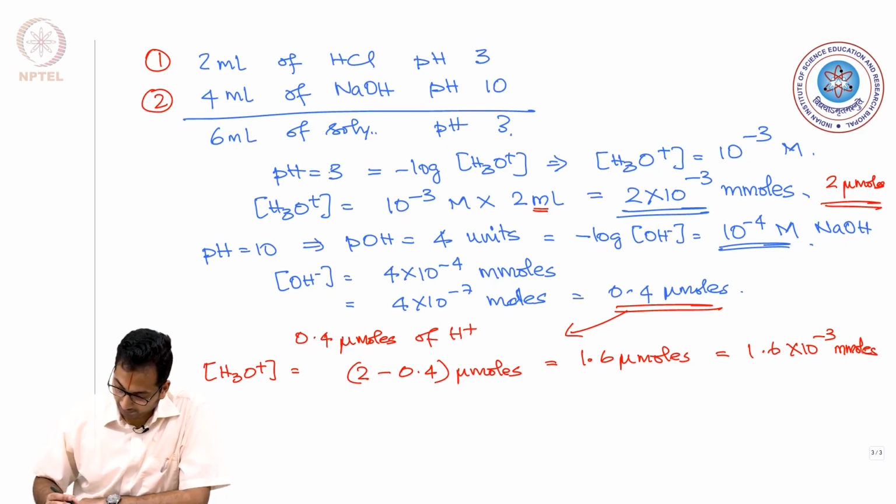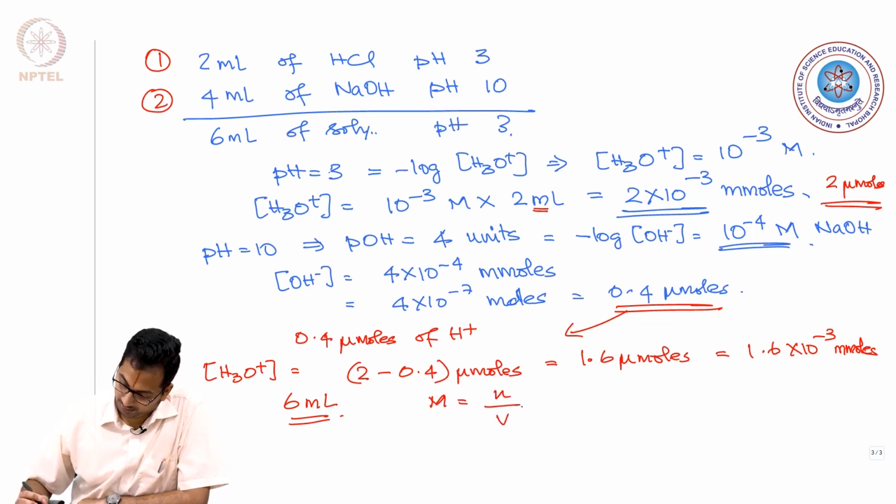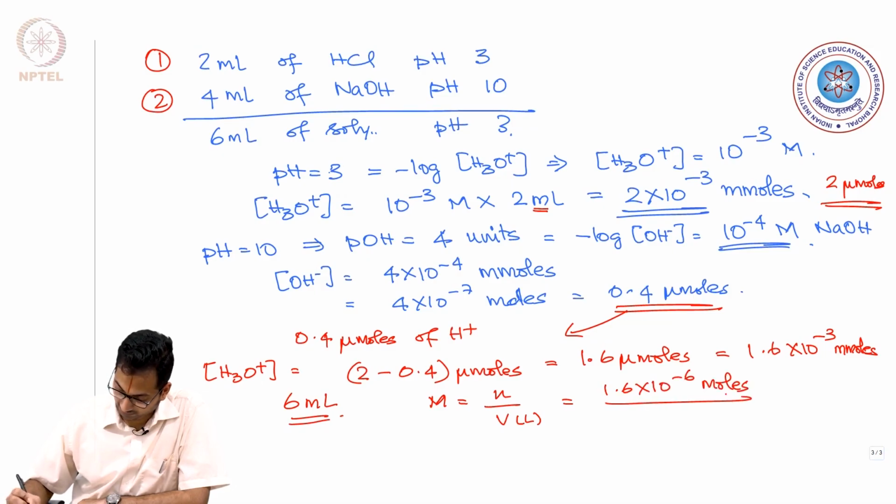So, how much ml? You are having 6 ml that is going to be present. So molarity is equal to number of moles by the total volume, in liters of course. So you have 1.6 into 10 to the power of minus 6 moles divided by 6 ml.